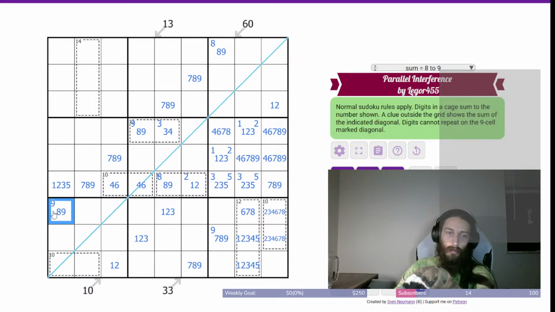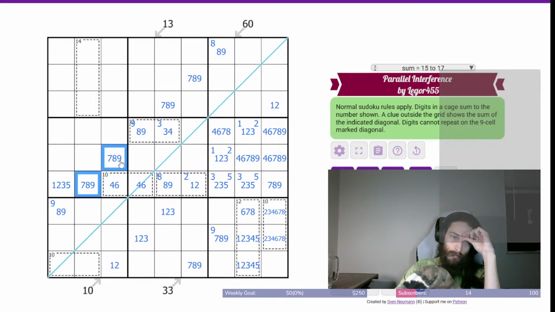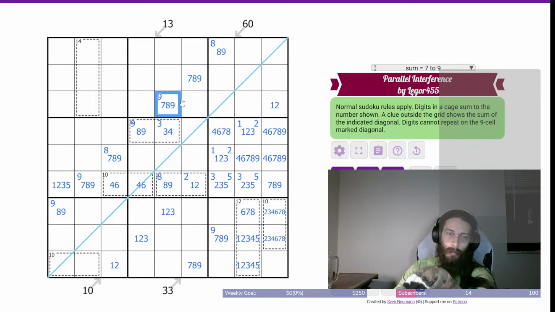Have a 9 here. This being an 8 would mean that's a 9, that's an 8. 7 or 9. This would be a 7.